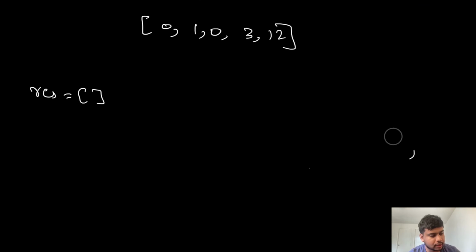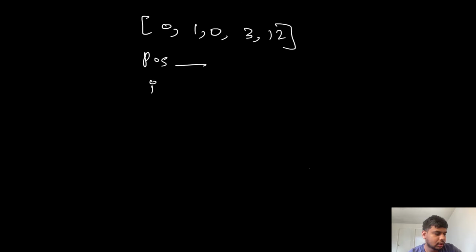What we need is a two-pointer approach to solve this problem. One pointer to record the position at which we'll be writing, and one pointer to loop through the array. That's exactly what we are going to do. We'll have two pointers. One is pos, position, and the other is i.